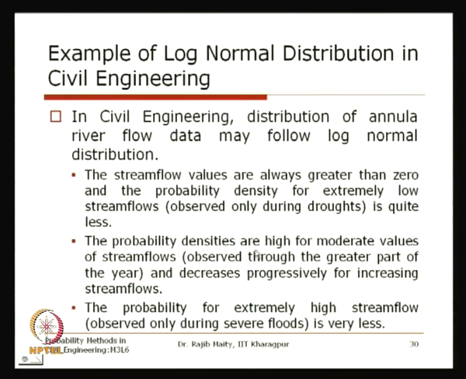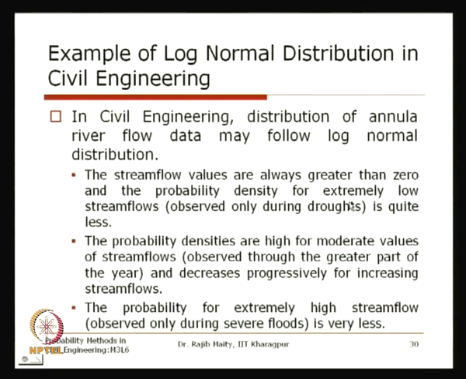Then the probability density increases with increasing annual flow for the moderate values of stream flow, and again it decreases progressively for increasing stream flow. So, the probability for extremely high stream flow is again very low.